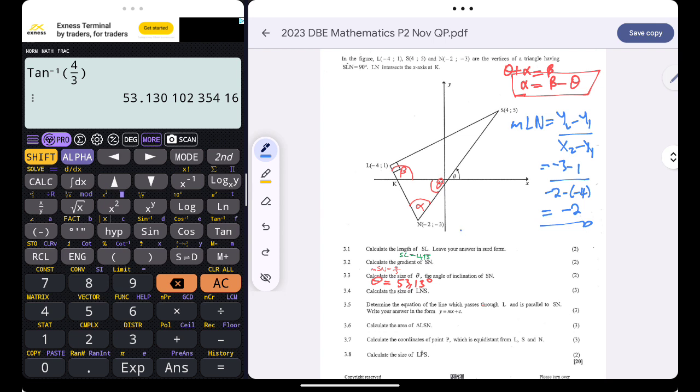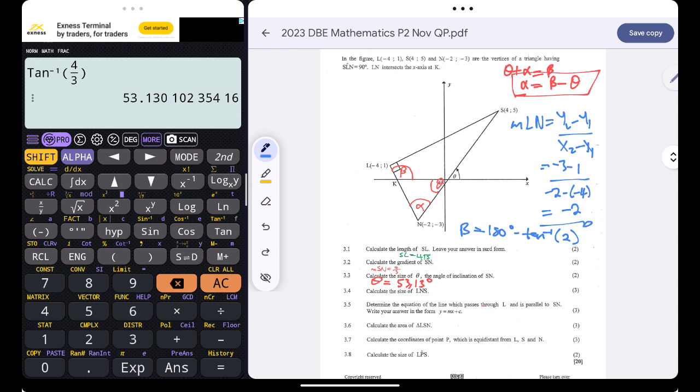So for me to find beta, I'll simply say 180 degrees minus tan inverse of positive 2. Even though my gradient is negative, I cannot put a negative sign between the brackets. The negative sign is being dealt with by the 180 minus.